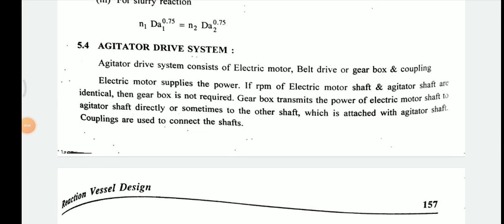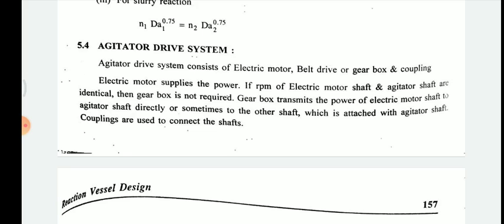Agitator drive systems consist of an electric motor, a belt drive or a gearbox, and a coupling.